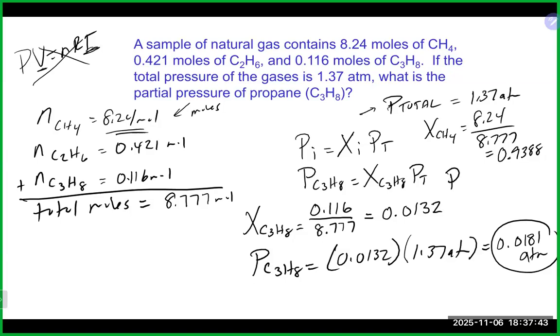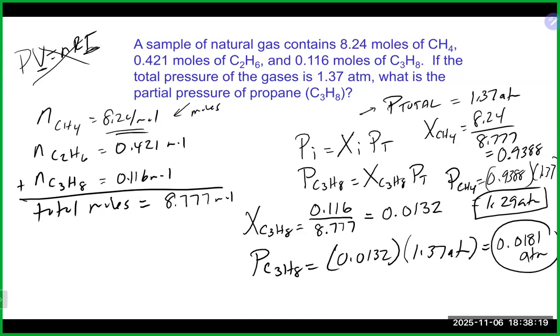So our partial pressure of methane would be 0.9388 times our 1.37 pressure there. We'll take 1.37 times that number, which gives us a partial pressure of 1.29 atmospheres. And we can see way more moles of methane moving around in that container contributed a lot more of the total pressure than our smallest number of moles flying around there.